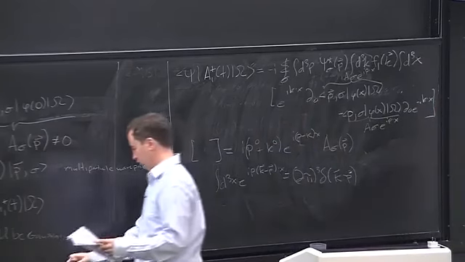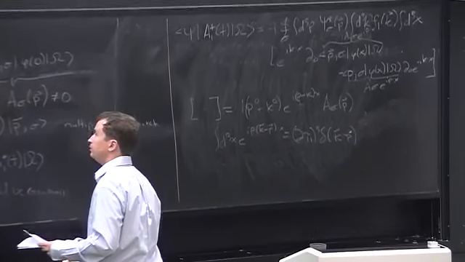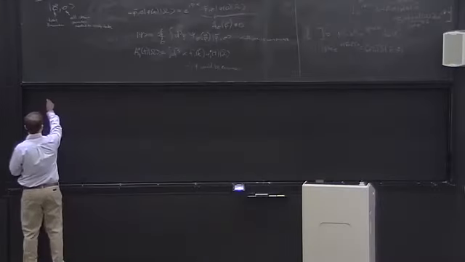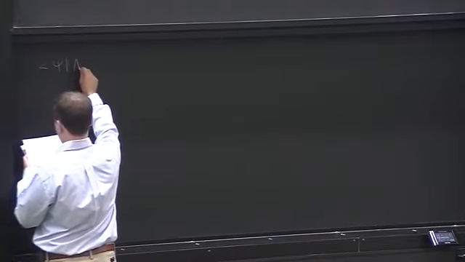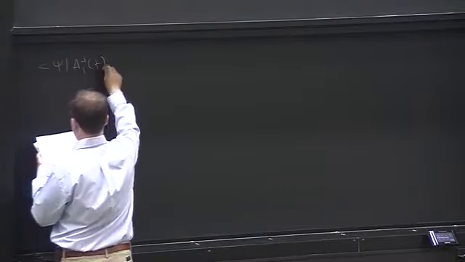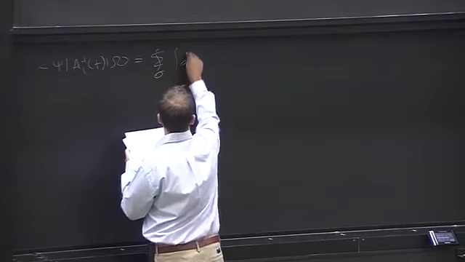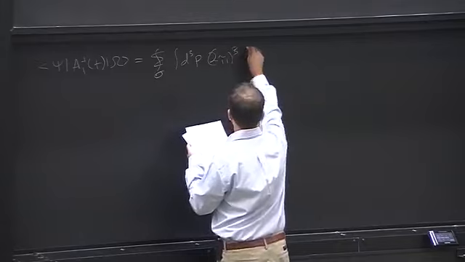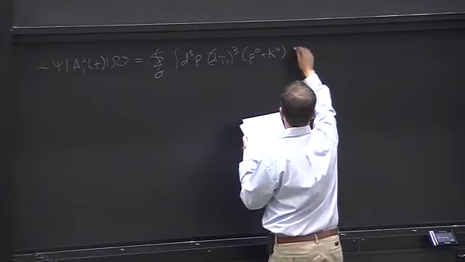So we can do the x and k integral, leaving us with a single integral. And if we do that, we get somewhat still a messy expression, but we're almost there.